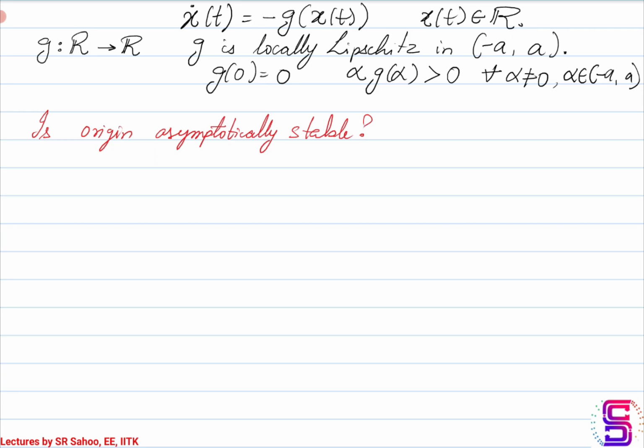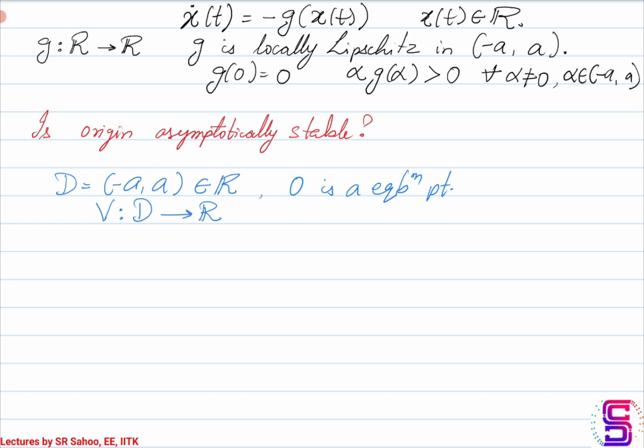The domain that is given to us is minus A to plus A, which is of course a subset of the real numbers, and 0 is an equilibrium point for the system under consideration because x dot is 0 for x equal to 0.